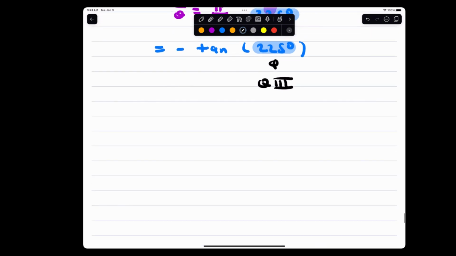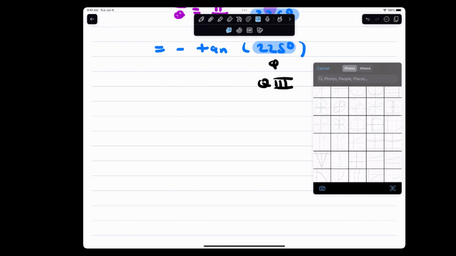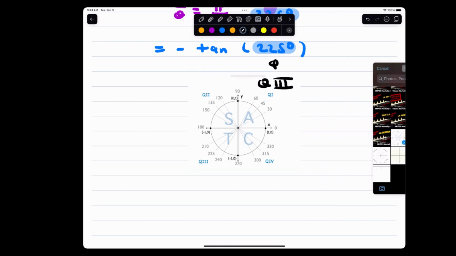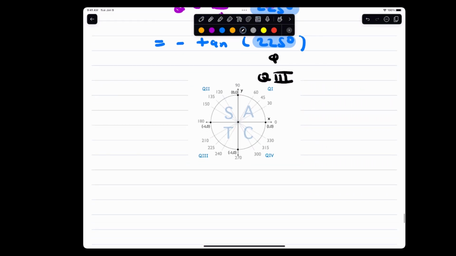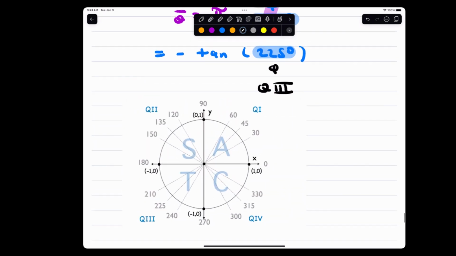225. Now, you might say, well, how do we know? We got this, all students take calculus. So 225 over here, quadrant 3.